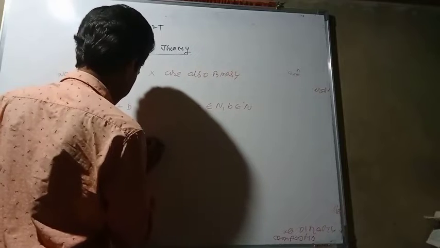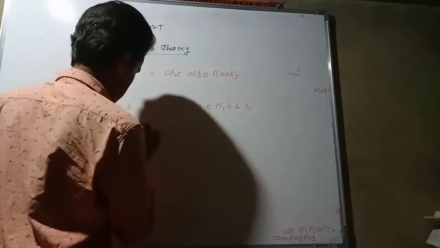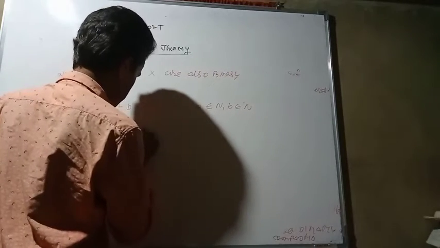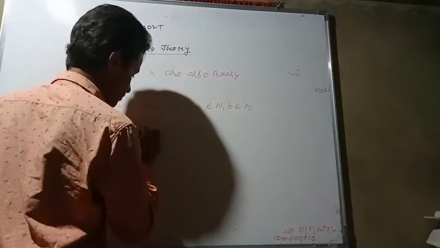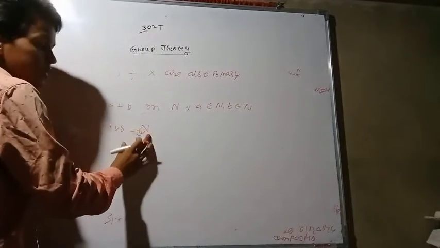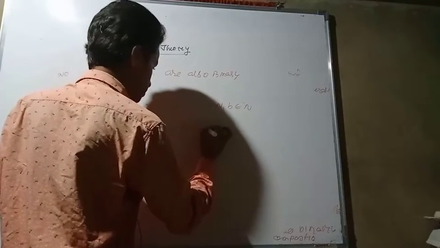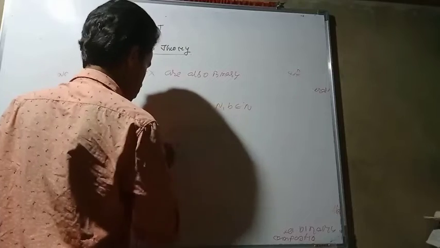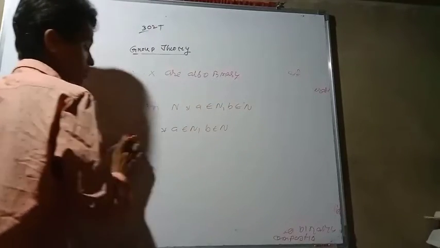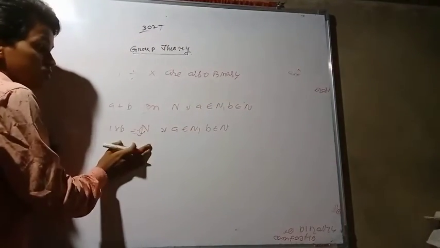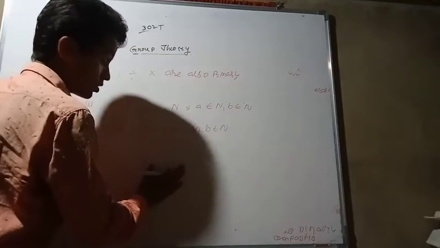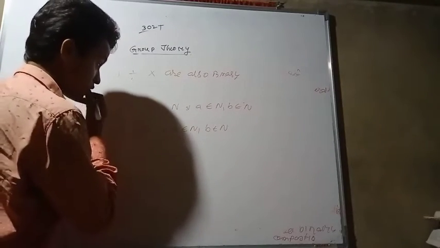Here N is the domain. If a belongs to N and b belongs to N, then a cross b also belongs to N. So this is a binary operation.